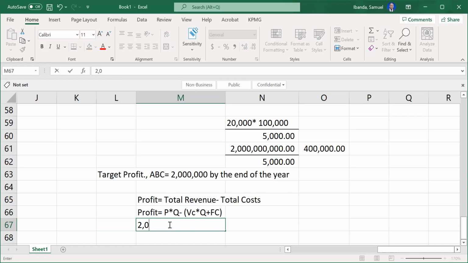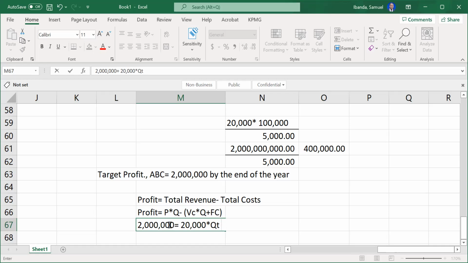2 million is equal to, I'm substituting, the profit is equal to price, which is 20,000, multiplied by quantity, which is what I'm looking for. And I'll call it my target quantity, since it's related to the target profit, minus, okay?